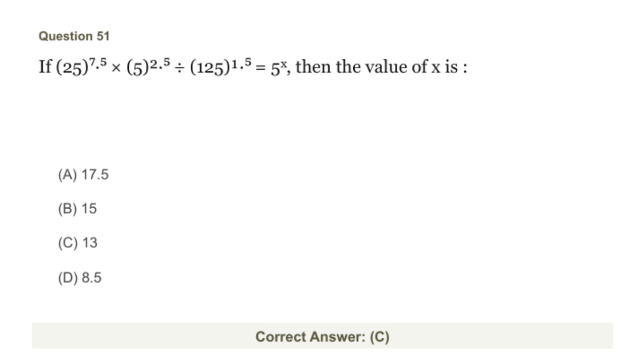Subtracting the denominator exponent from the numerator gives us 17.5 minus 4.5, which equals 13. And since the entire expression simplifies to 5 raised to the x, we see that x equals 13. Therefore, the correct answer is option C.